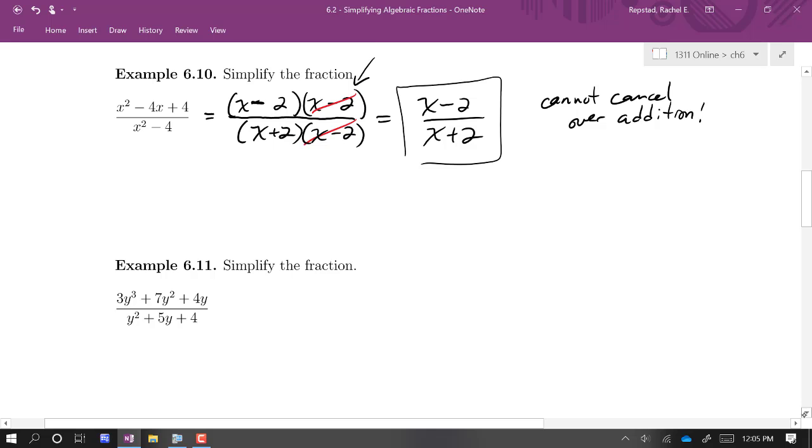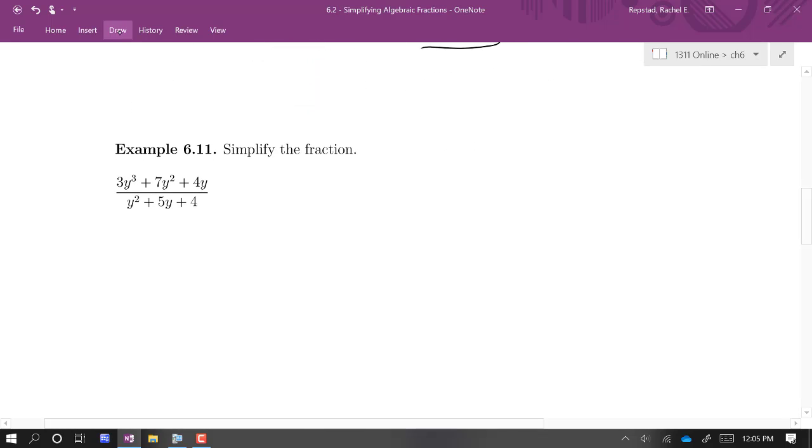Let's do another one. In the bottom, that is something that we can unfoil, I think. So we need a y and a y to give us y squared. The last two terms have to multiply out to 4, and the inside-outside products have to give us a plus 5y. So that would be plus 4 plus 1 will work.